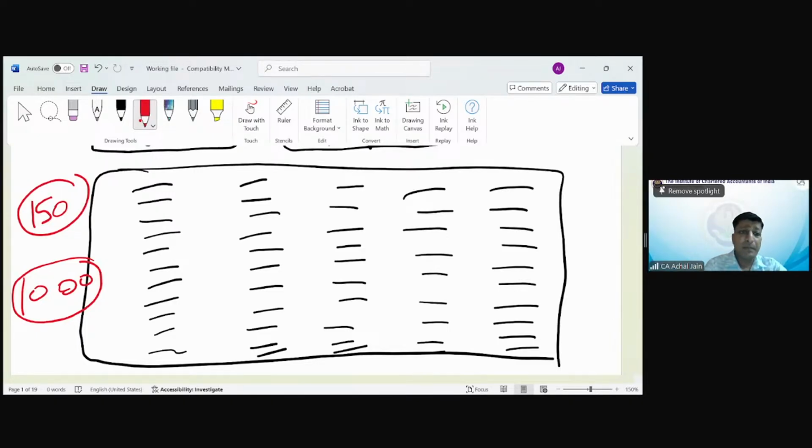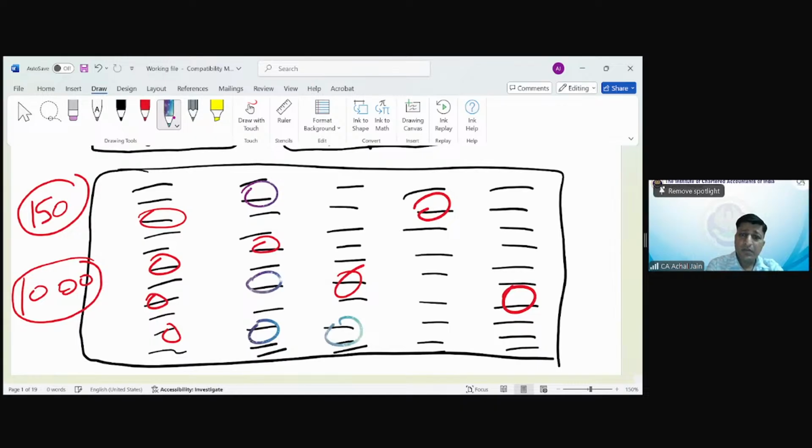Whether the auditor will pick up this one, this one, this one, or this one, or the auditor will say, no, I want to pick up these, sort of blue ones instead of a red. So what will become the basis of picking up these 150? That is what you call the qualitative aspect.